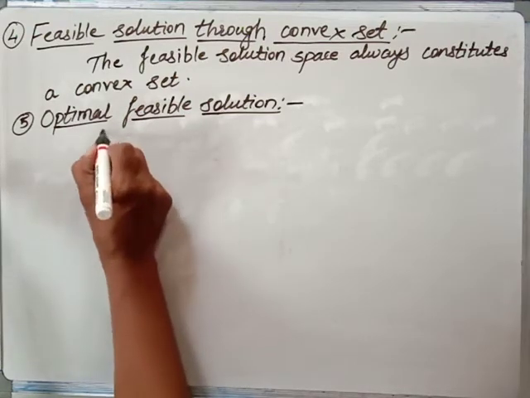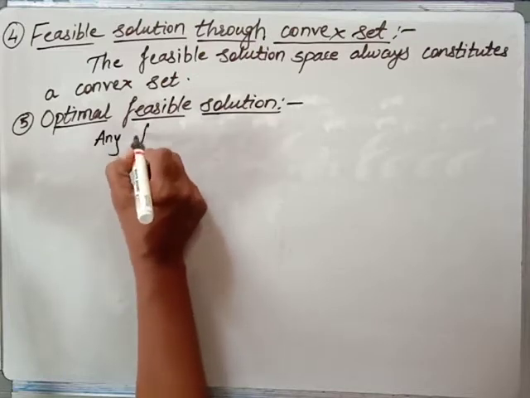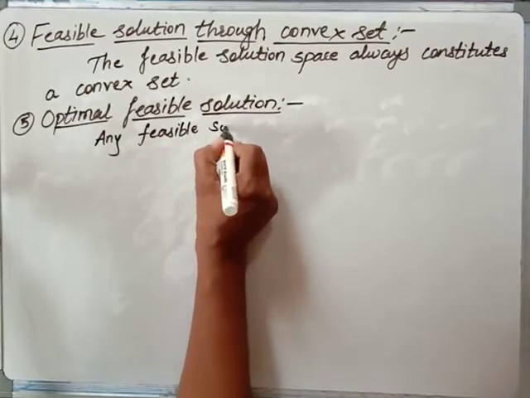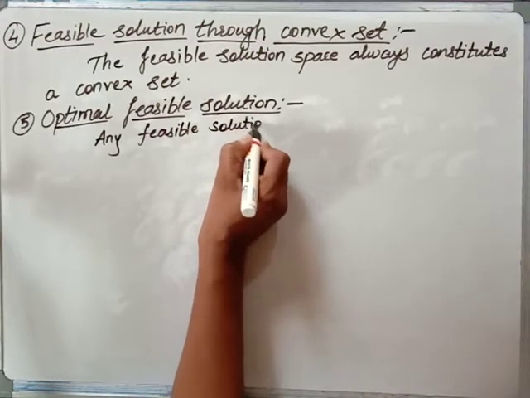So here let me write: any feasible solution. It is a type of feasible solution because it lies in a feasible region.